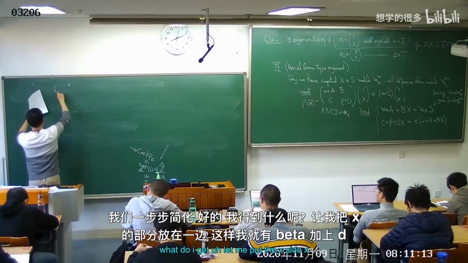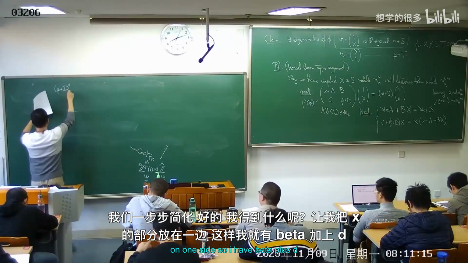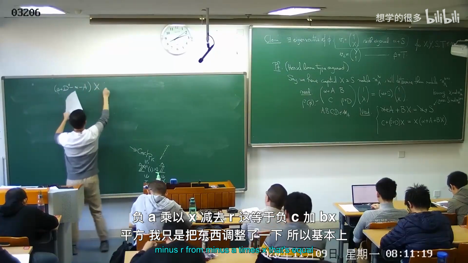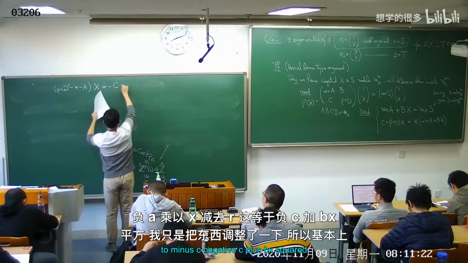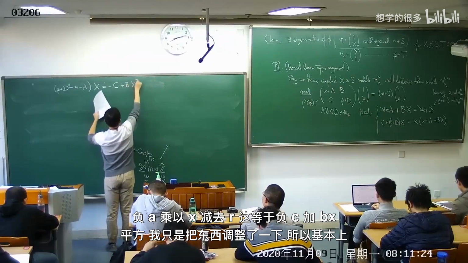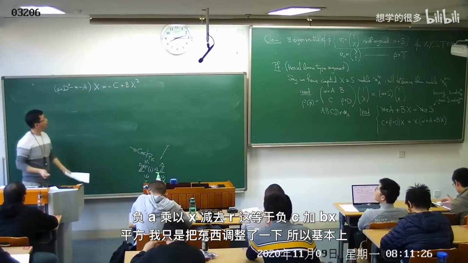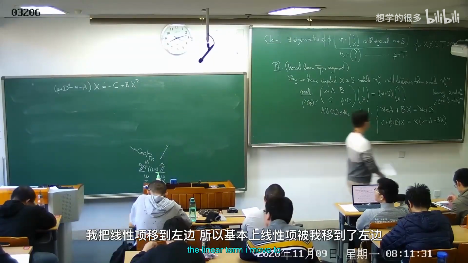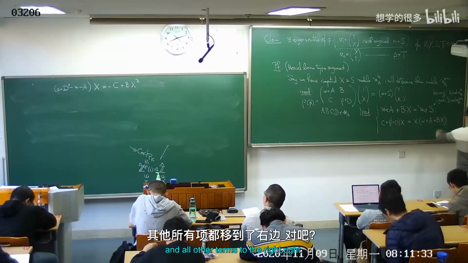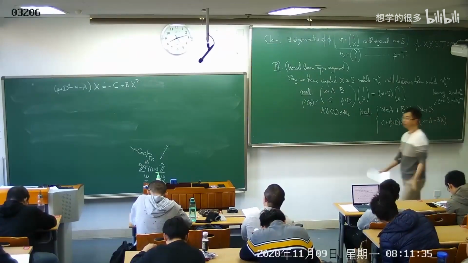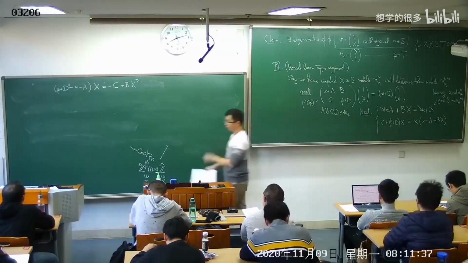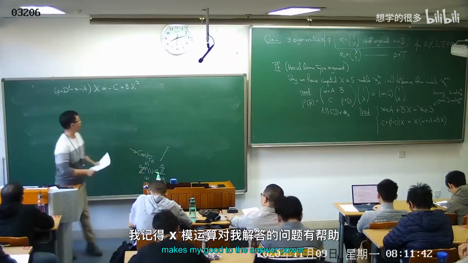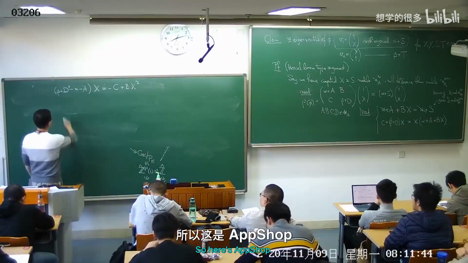Let me put the x on one side. So I have beta plus d minus alpha minus a times x equal to negative c plus bx squared. I just move things around: the linear term I move to the left, and all other terms to the right. Remember that I know x modulo the maximal ideal to the nth power.